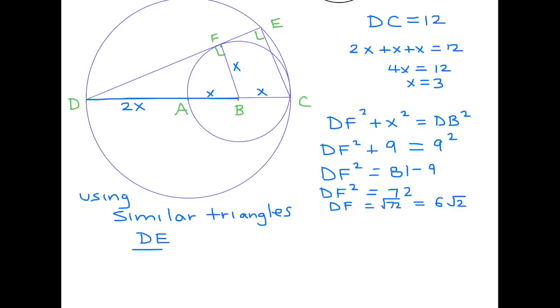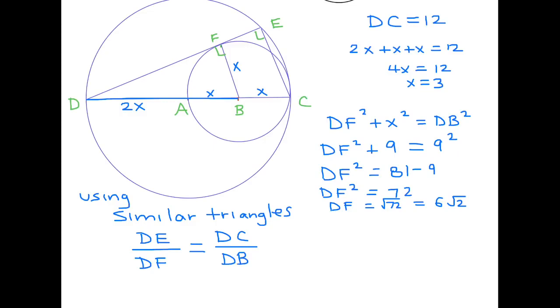So DE over DF, so this side over this side, is going to be the same as the ratio of their bases, or the other sides, whatever you want to call them. So it would be the same as DC over DB. So like this, DC over DB, like that.